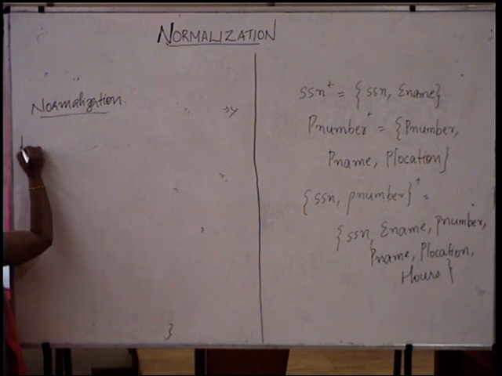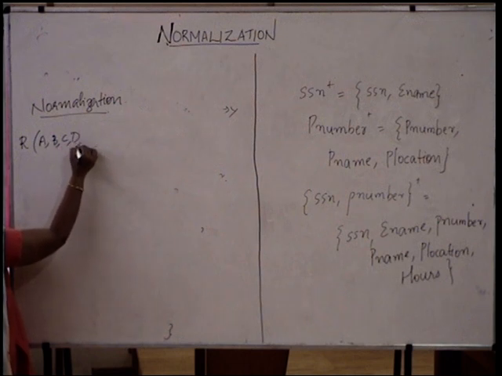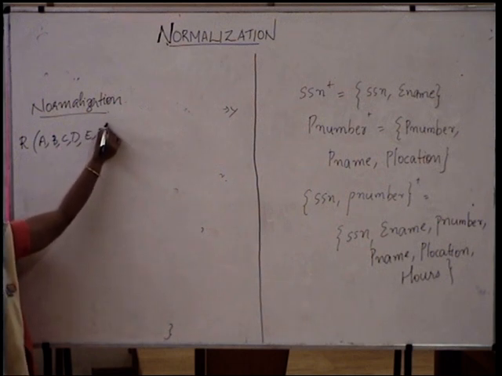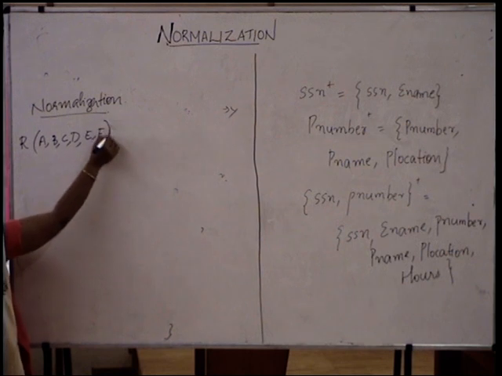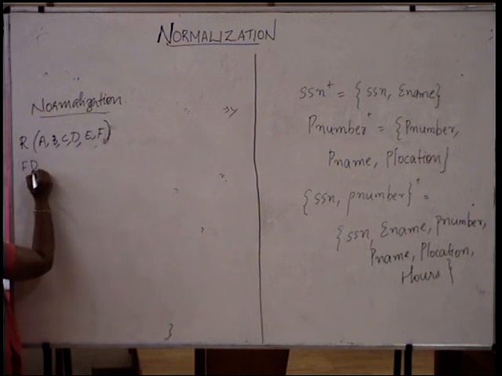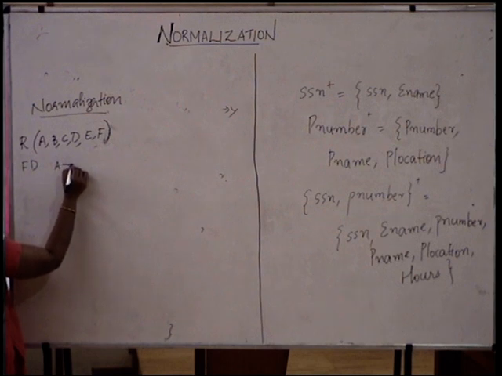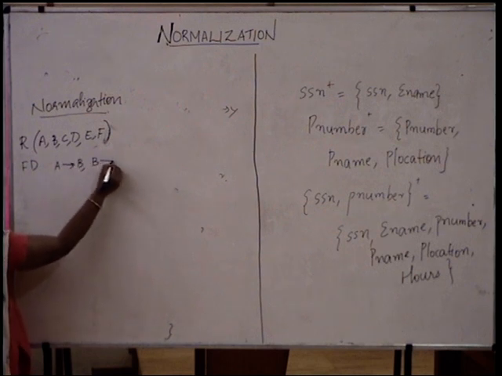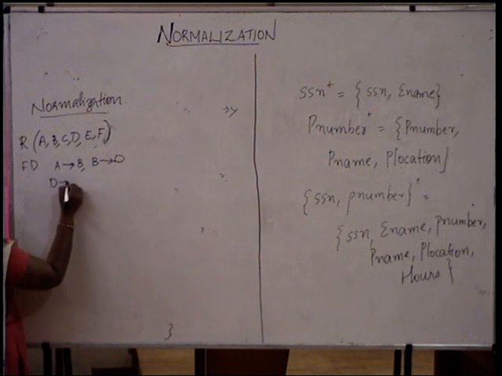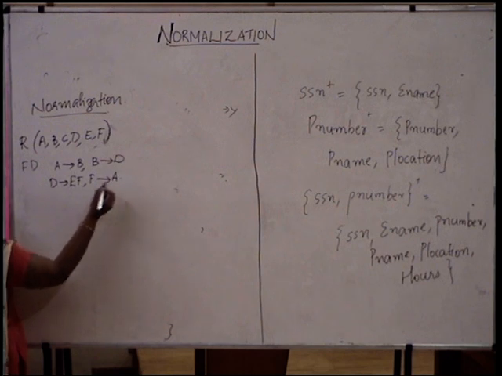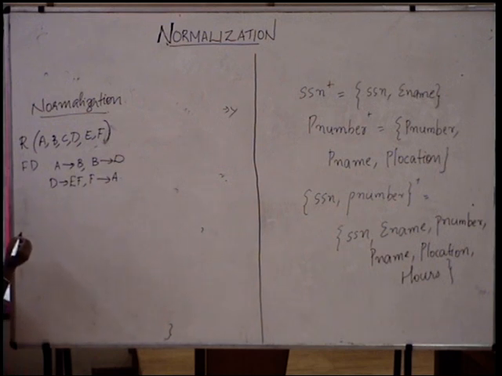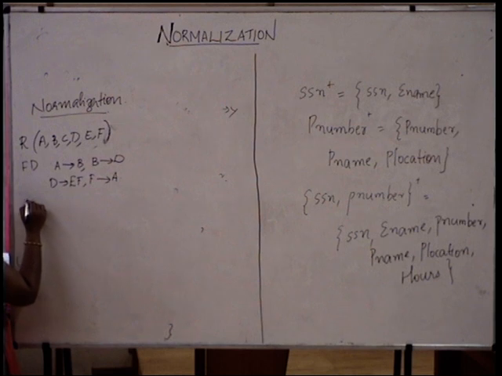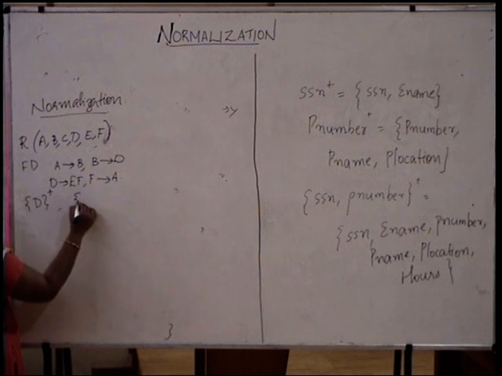Given a relation R, A, B, C, D, E and F with functional dependencies, A implies B, B implies D, D implies EF, F implies E. And we have to find out the closure of D and the closure of EF.